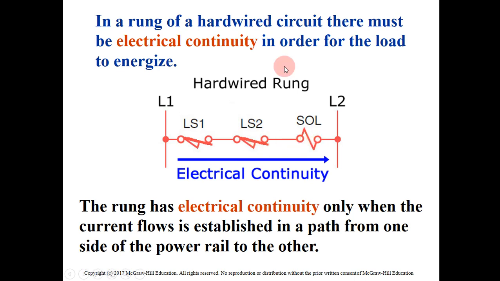A rank has electrical continuity only when current flow is established in the path from one power rail to the other. So we start from L1 and reach L2, from left to right.